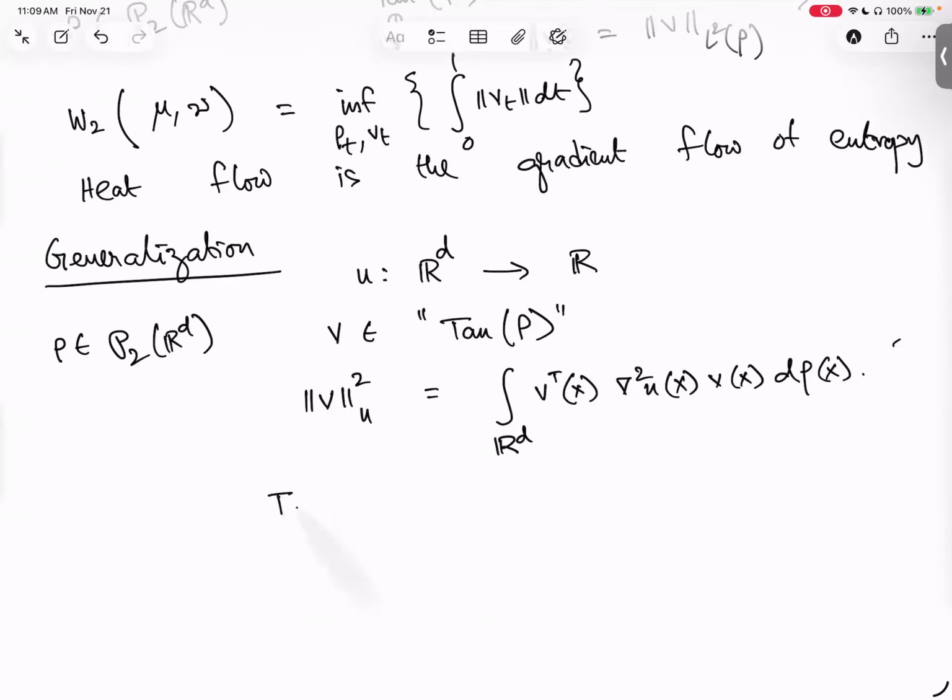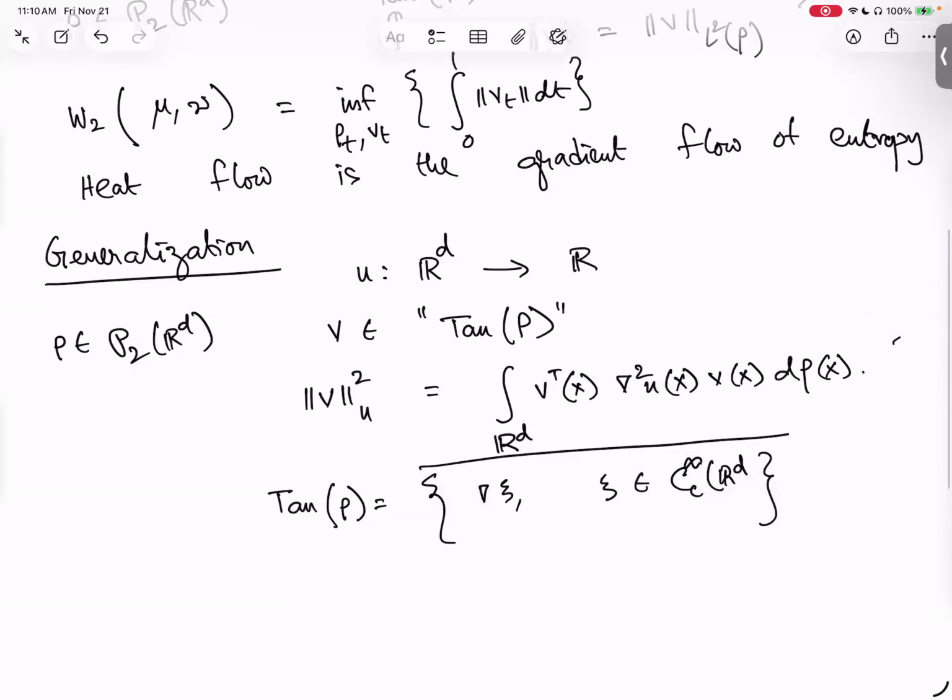You can talk about this new tangent space of rho as the closure of the gradients of psi, where psi is some C_c infinity function on R^d, and you take this closure under this new norm.